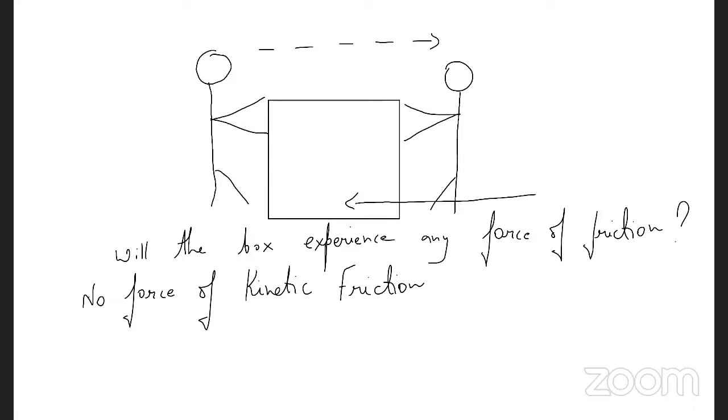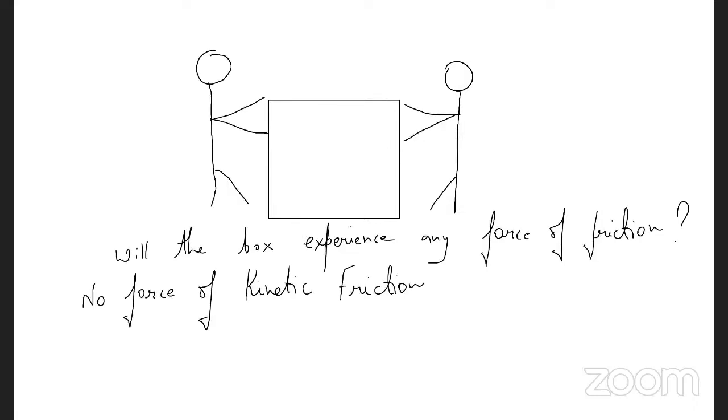This kinetic friction is caused by the interaction between the object and the surface it's moving against. As the object moves, the surface it is in contact with exerts a force opposite to the direction of motion, which slows down the object. This is kinetic friction.